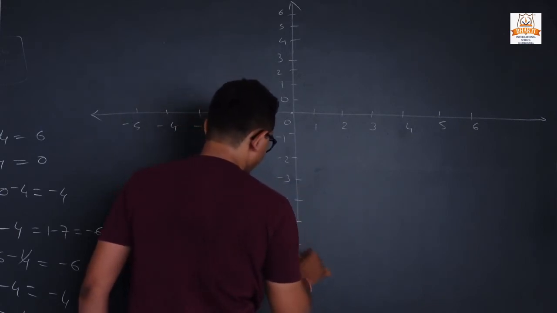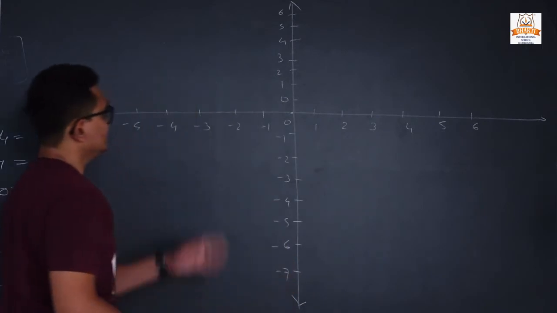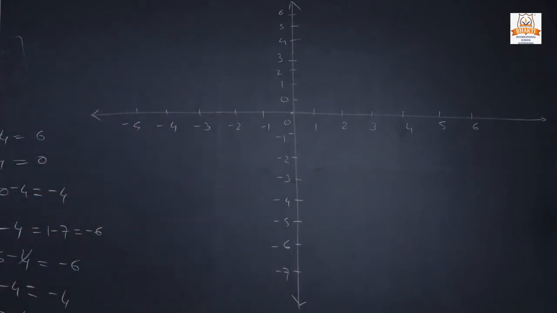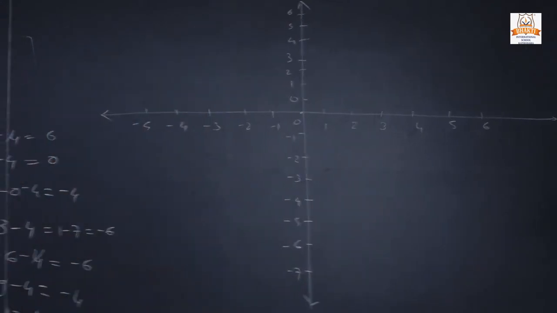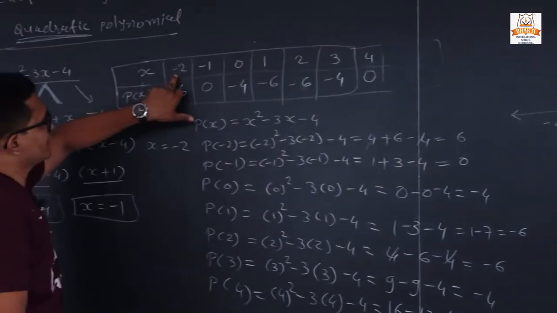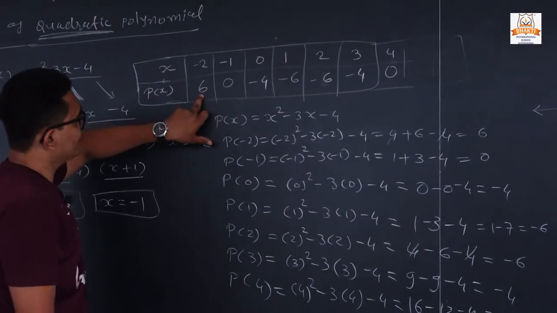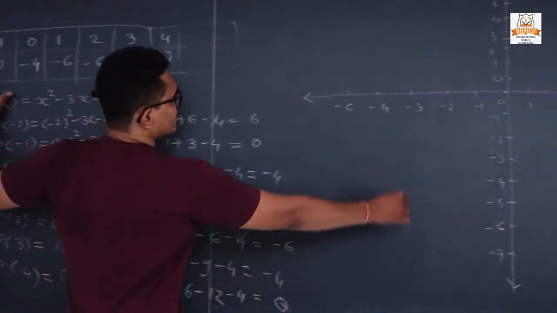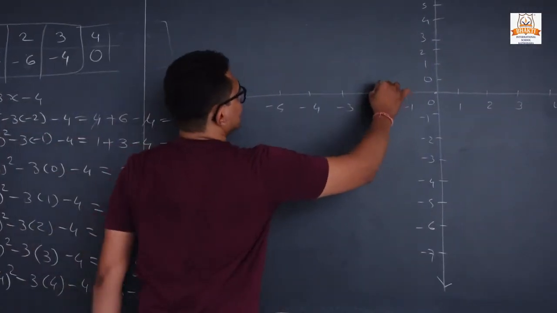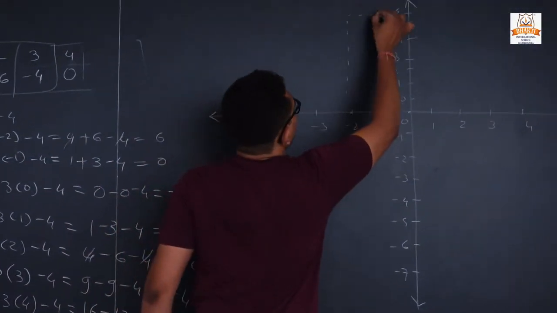So we will first of all draw the graph. From the chart, first of all, our value is -2. At that time we get 6. So here it is -2 and +6, and both match here.